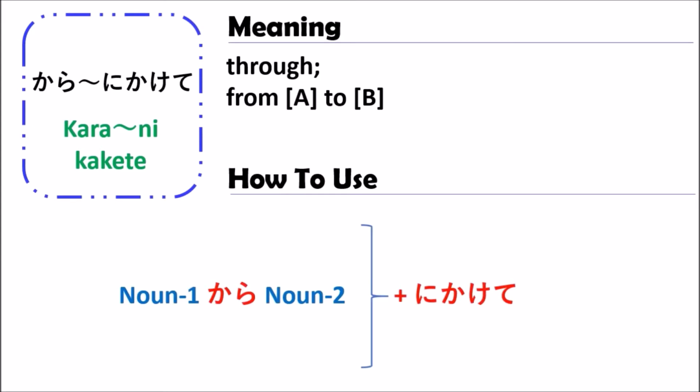And how to use it. In Japanese, when we use the grammar of kara nani nani nikakete, we first start with noun one, followed by kara, followed by noun two, and end with nikakete. So when you use this grammar, you put the first noun and the second noun between kara and nikakete, which means through, or from point A to point B, or from noun 1 to noun 2.